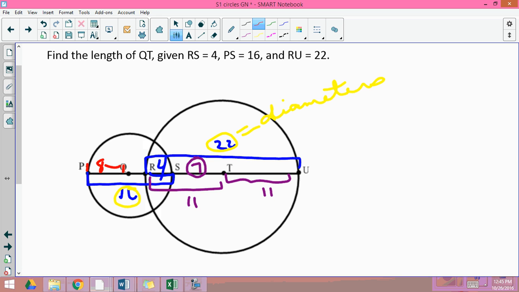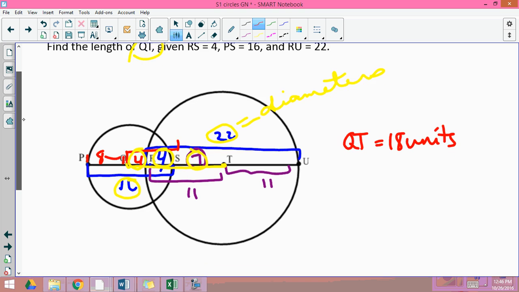If it's 8 from P to Q, it's 8 from Q to S, and 4 from R to S, that means it's 4 from Q to R. If I want how big QT is, it's 4 units plus 4 units plus 7 units. So QT is 18 units. We had to break it all down: knowing the diameter, find the radius, use a parts-to-whole idea from way back in Unit 1, and then add our segments back together to get the larger piece.